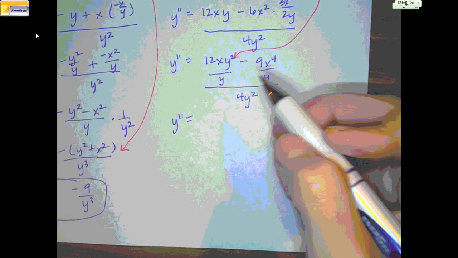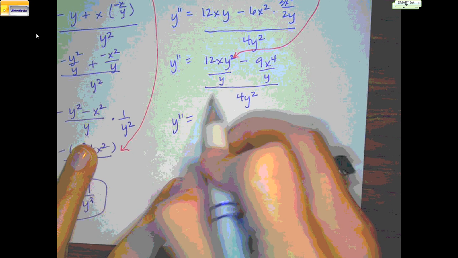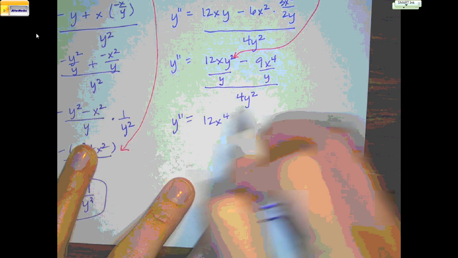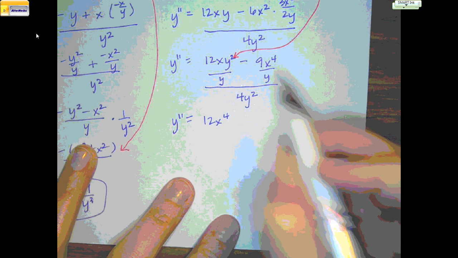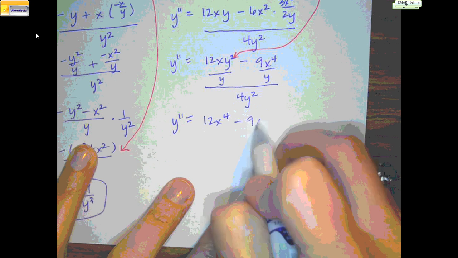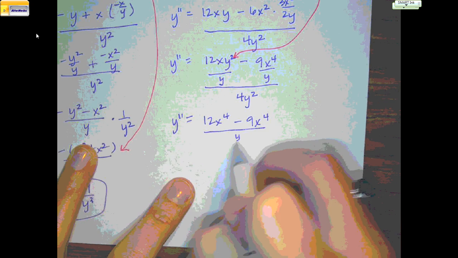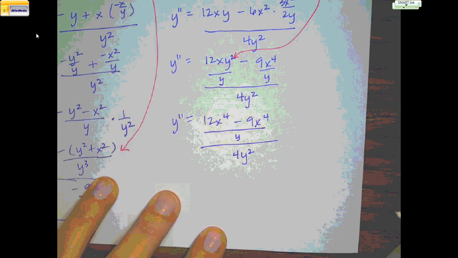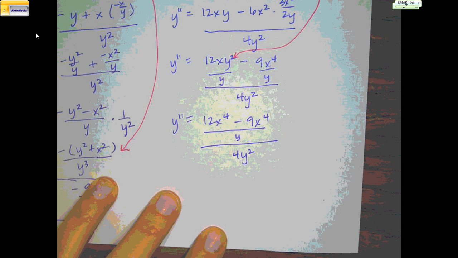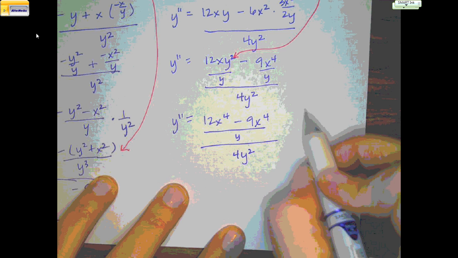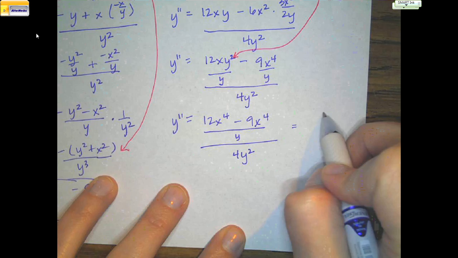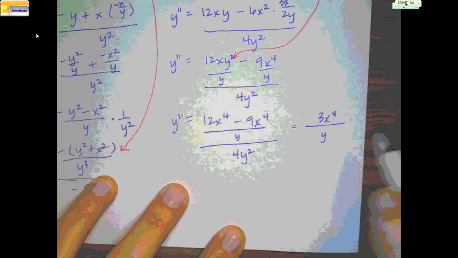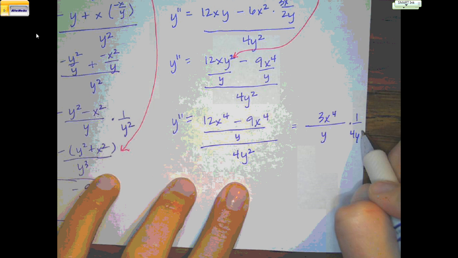So that I have 12x to the fourth is what that is now, because that's x times x to the third. So this becomes 3x to the fourth over y times 1 over 4y squared.